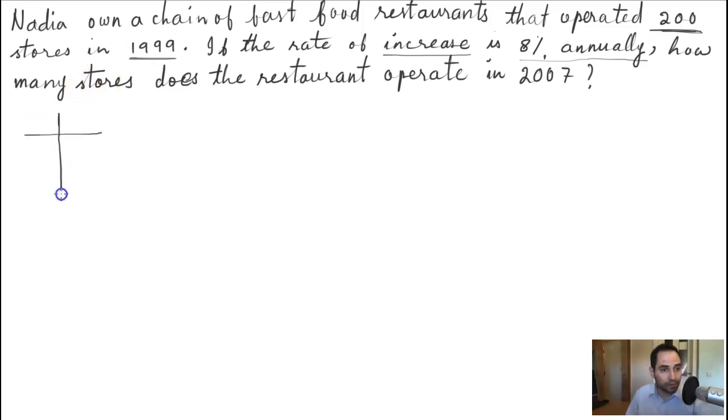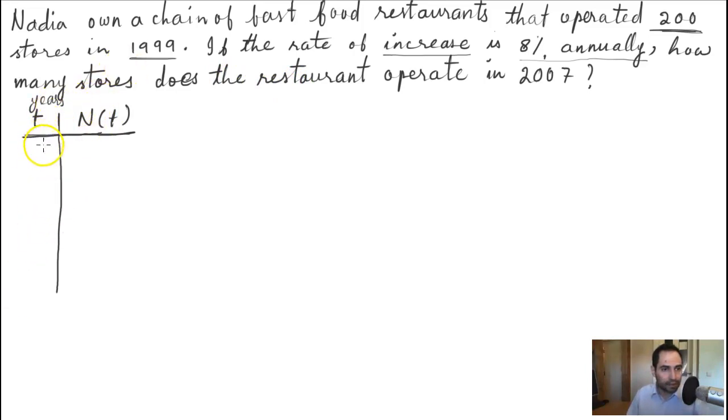So you form a simple table, and you define a variable t, which represents years, and another variable, the number of stores that the restaurant operates, which I call n of t. So n of t represents the number of stores that the restaurant operates at any given time.